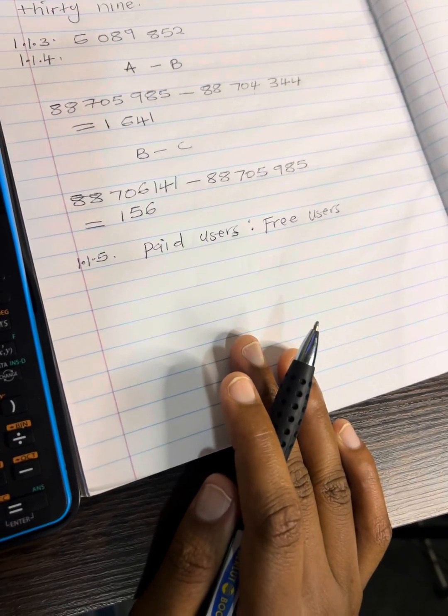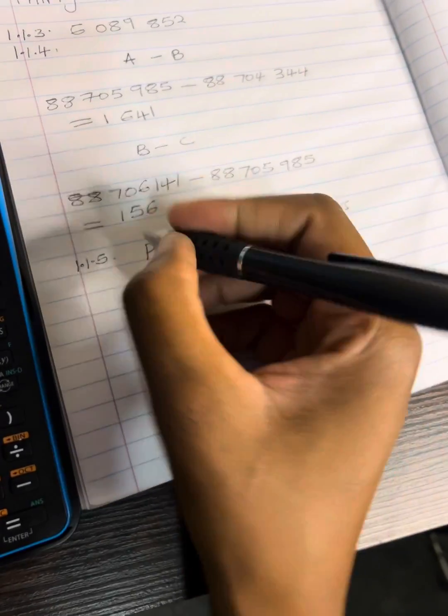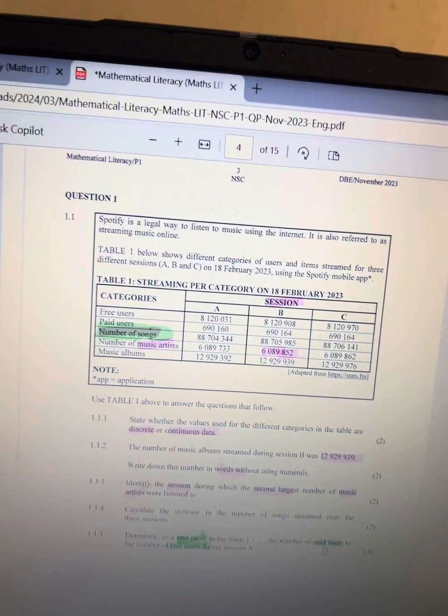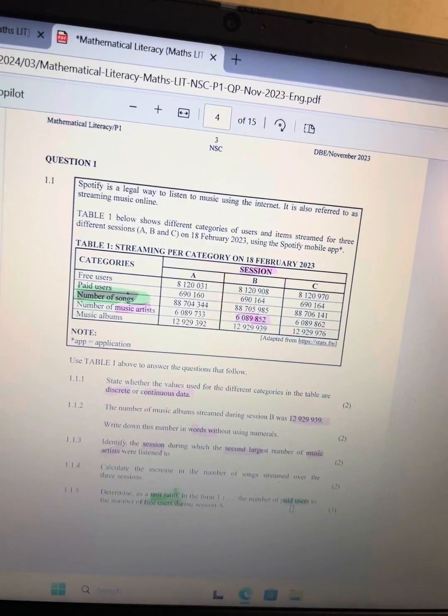Before we substitute, we must first write down the two things that we're going to compare, and then when we write down the numbers, we are going back to the table. We look at the free users in section A and paid users in section A. Then we first take the paid user.